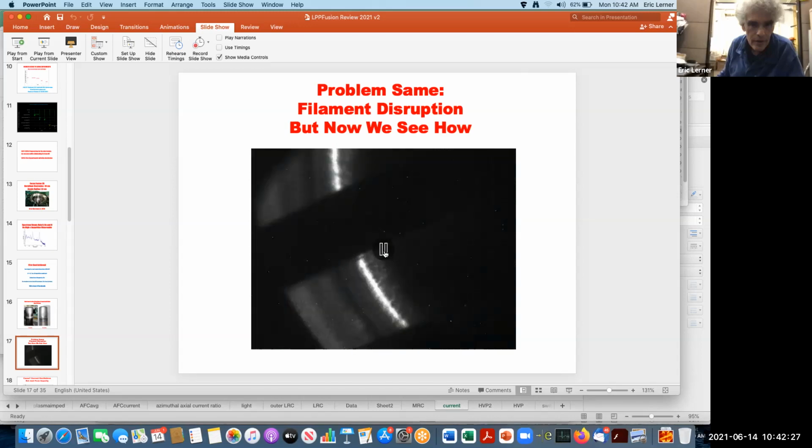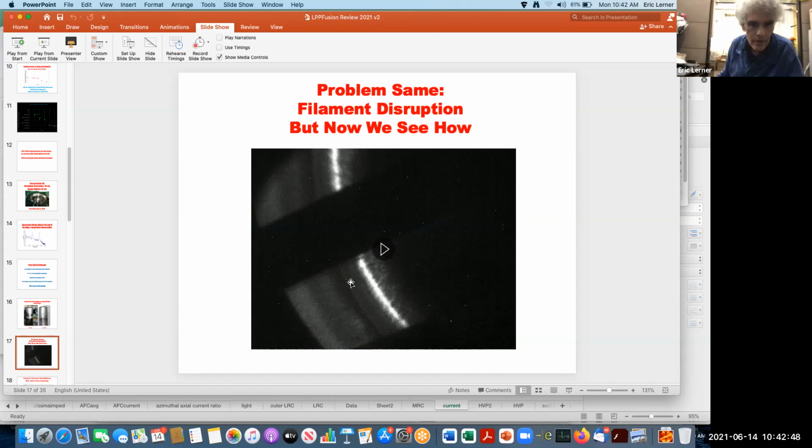So this is a view from the side, and we're looking through a gap between the anode, the cathode veins. So this big black object is a cathode vein.